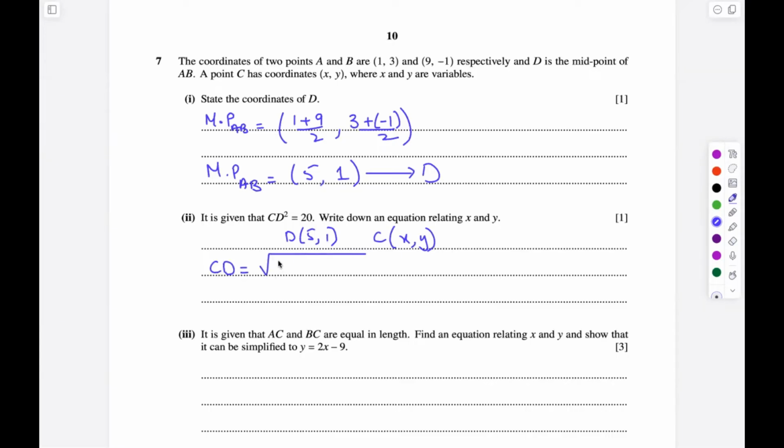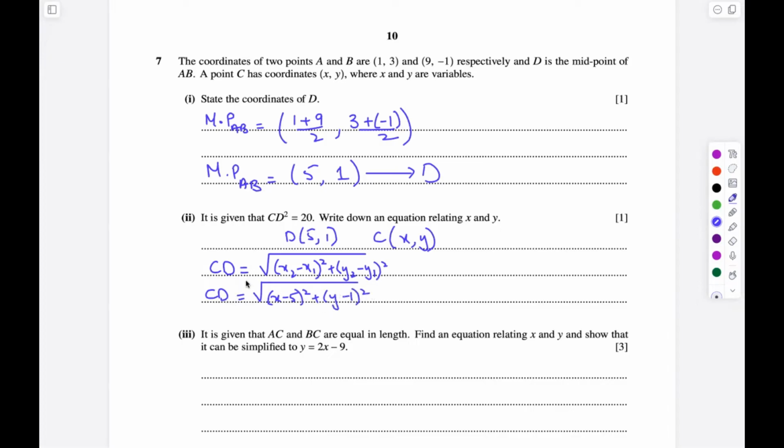x2 minus x1 whole squared plus y2 minus y1 whole squared. So we can take this as x1, y1, and this as x2 and y2. So CD will be equal to the square root of (x minus 5) whole squared plus (y minus 1) whole squared.